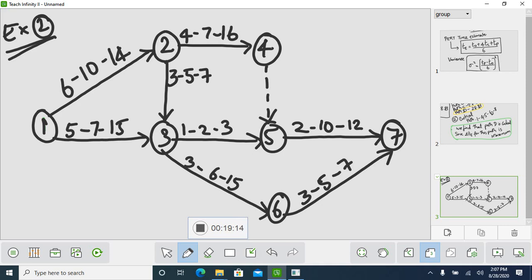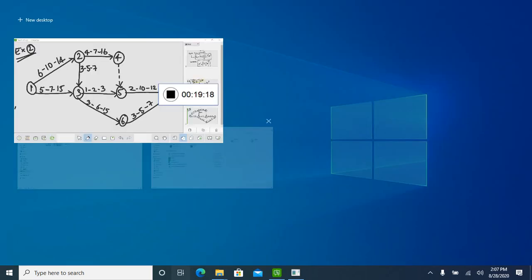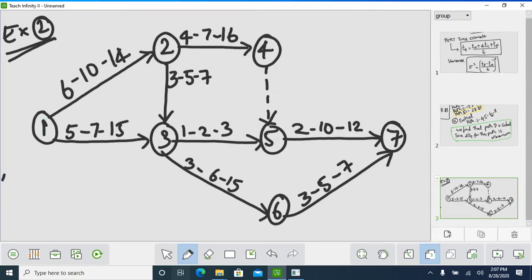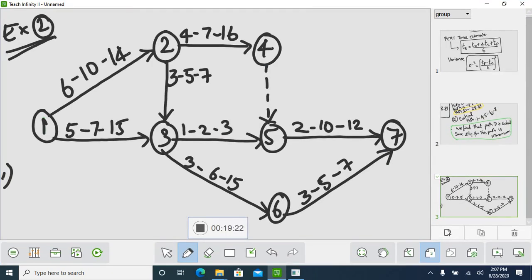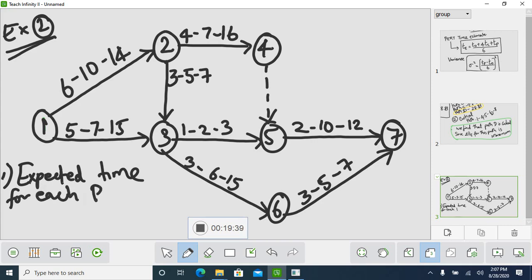The question is, what you have to find is to determine the expected time for each path. So you have to find the expected time.